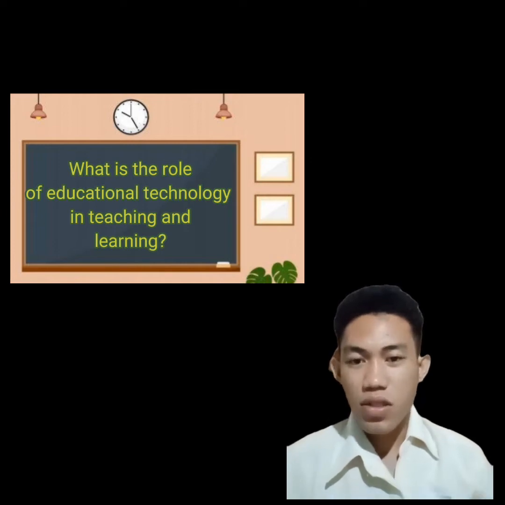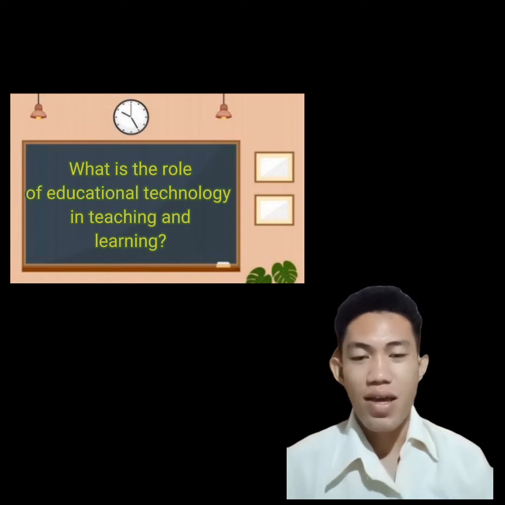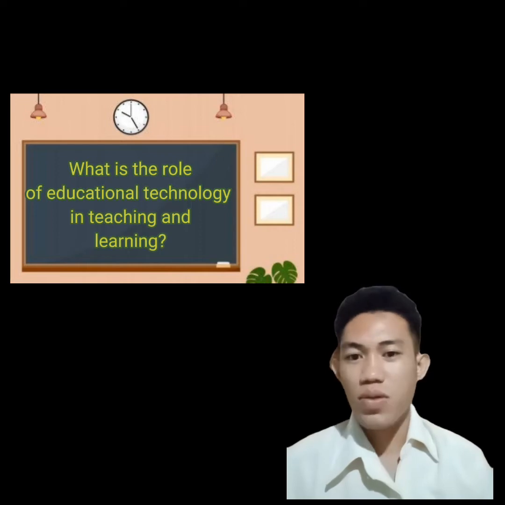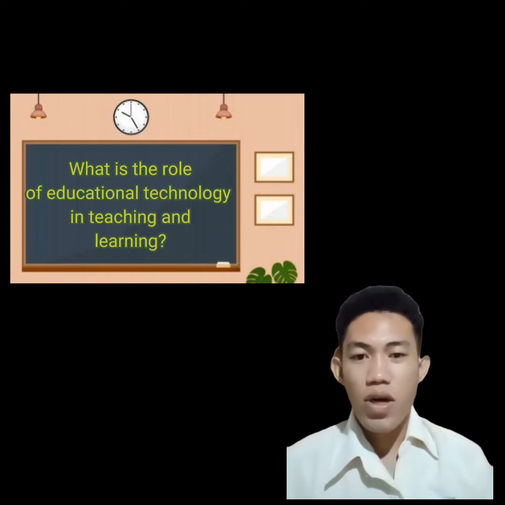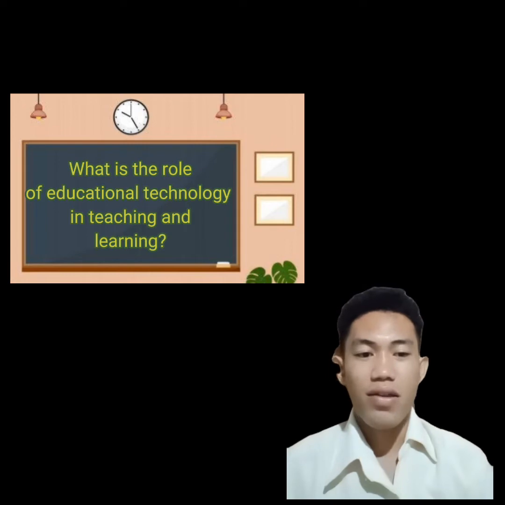So the teacher can also reach them. In learning, the students can learn in different ways of acquiring information, for example on YouTube and Google. So there are many sources of information. So technology is very important in teaching and learning.